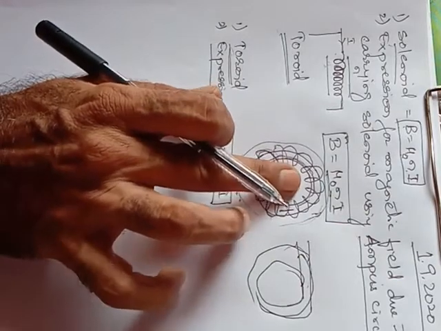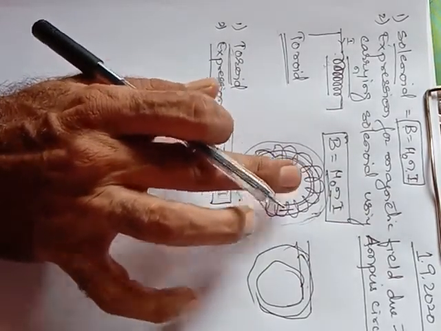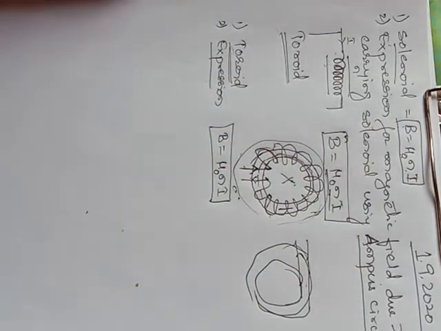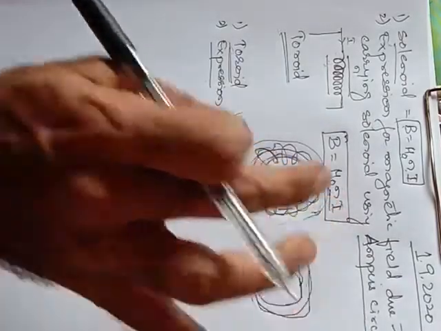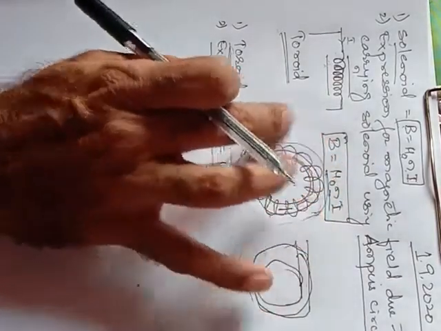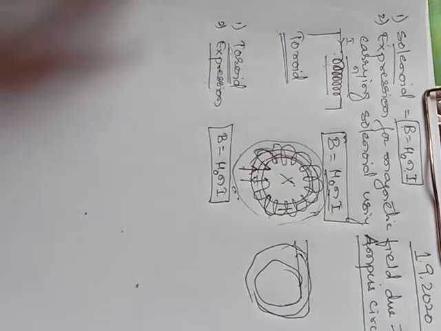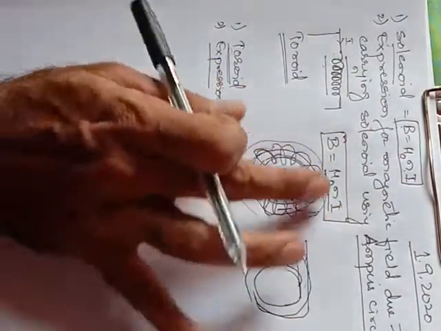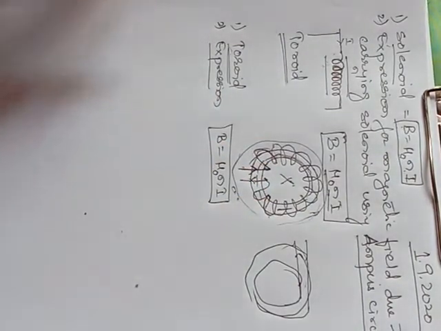Since open space does not conduct any current, therefore in this place magnetic field will not be created. Similarly, the exterior of this open space, here also open space is present, so the net current enclosed outside this is 0, and because of that magnetic field will not be present.